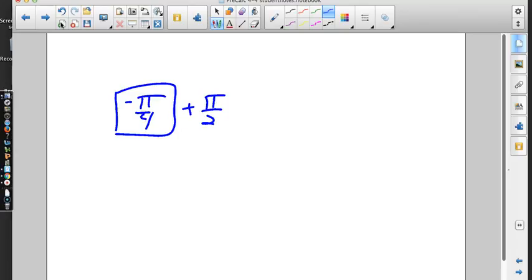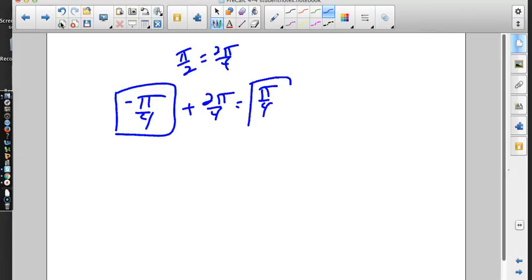So instead of writing π/2, 2π/4 would be more helpful. And you can think in terms of that as you're continually adding to get the increments that you need. So we have a -π/4 plus 2π/4, which is going to be 1π/4. So that would be the next one we would graph.